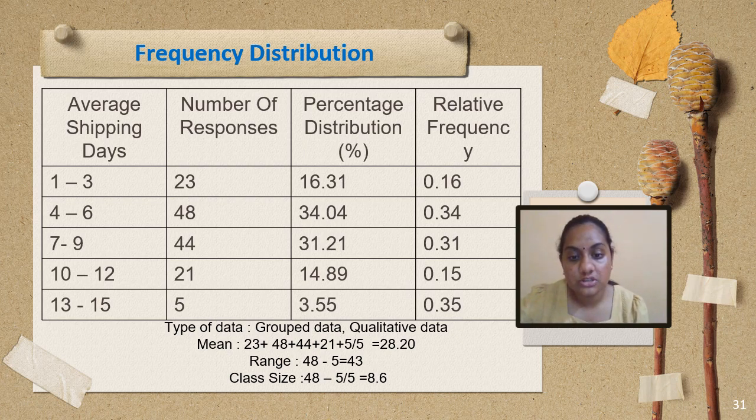Talking about the range, the highest is 48 and the lowest is 5, so we subtract to get 43. For the class size, we use the range divided by how many averages we did. We did 5, right? So the range, which is 43, divided by 5, gives 8.6.